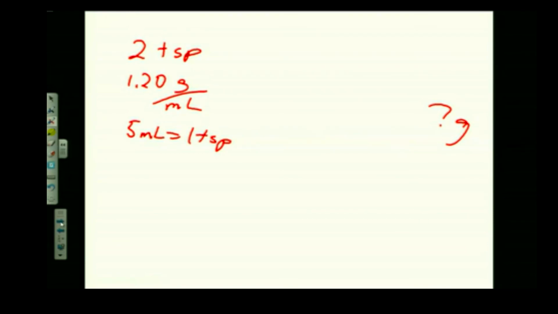So when I look at this, I see I want my answer in grams, and I got grams in one place. I'm probably going to use that close to the end, because it has grams, so I'm not going to worry about that yet. This is an equality, which means I could write 5 mils over 1 teaspoon. Fair enough?